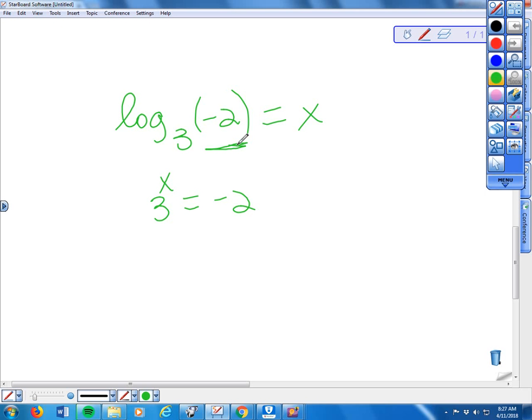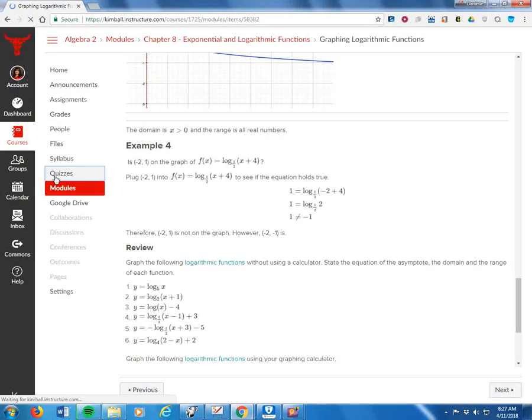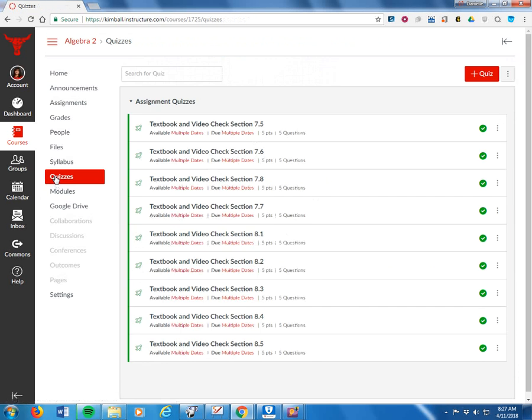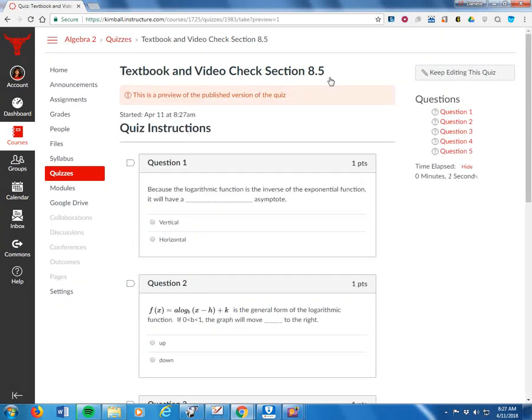Okay, let's go through the textbook check real quick. And this is 8.5. So because the logarithmic function is the inverse of the exponential, it will have a horizontal or vertical asymptote. Vertical asymptote. Exponential has a horizontal. Logarithmic will have a vertical.